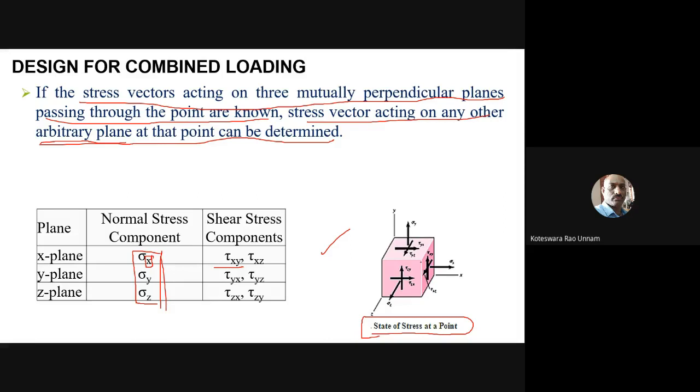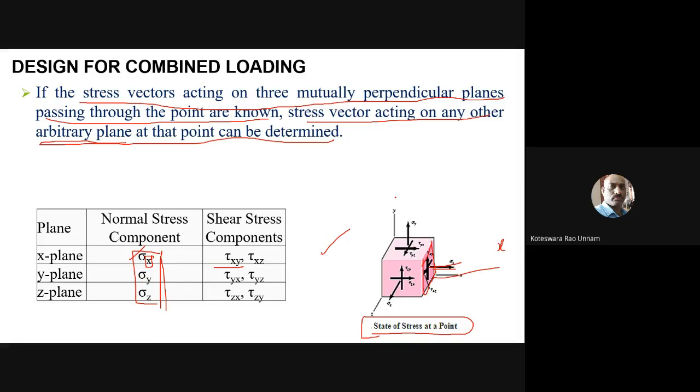Let us say I take this particular face here. The perpendicular direction for this face is like this, which is the x direction. Then if the stress is also in the same direction, I'll call it a normal stress. That means the direction of the outer normal coincides with the direction of the loading or direction of stress. We'll call it a normal stress.